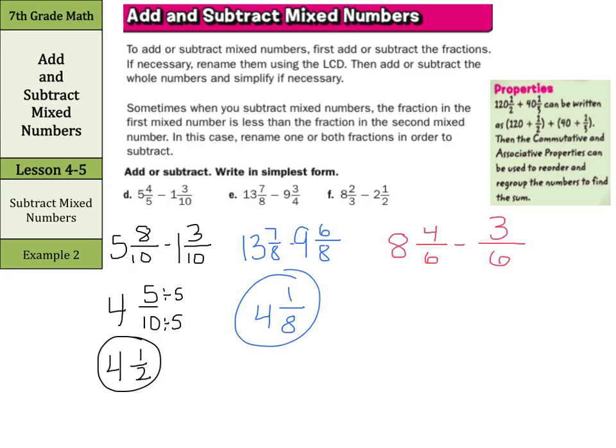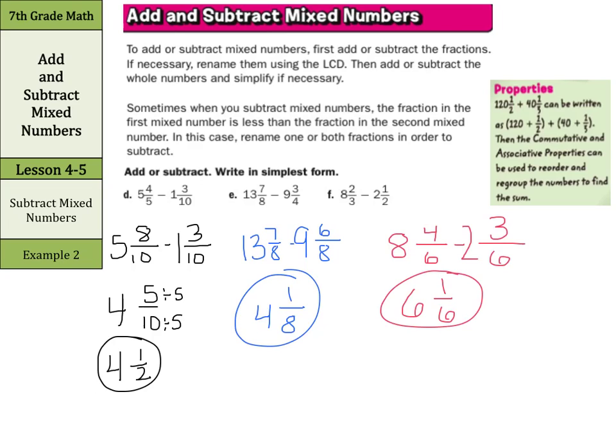And can we take 3/6 away from 4/6? Yes. 4 minus 3 is 1/6. Actually, I forgot my 2 here. So 8 minus 2 then, with our whole number part, is 6. So I have 6 and 1/6 as my final answer.